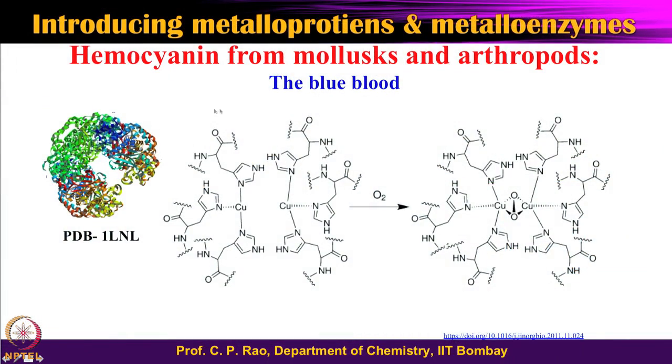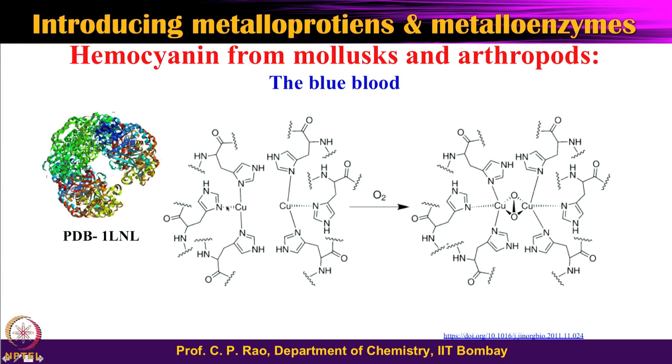Now, for a while let us move to the third case, which is the hemocyanin. The hemocyanin from mollusks and arthropods is blue blood. The protein is also huge here, not that simple, and it has a quaternary structure.